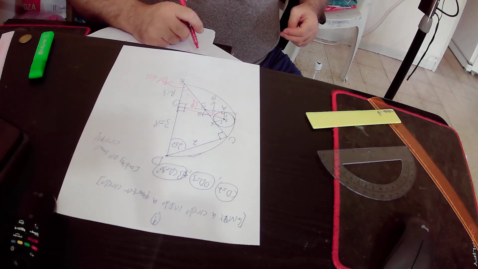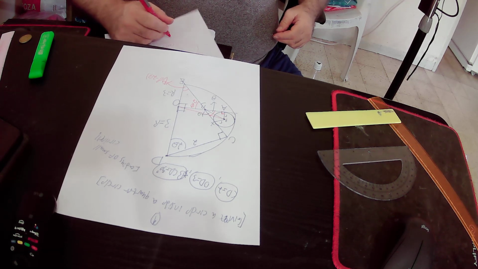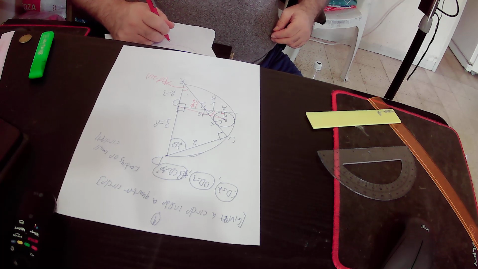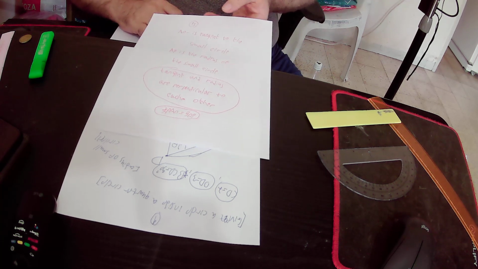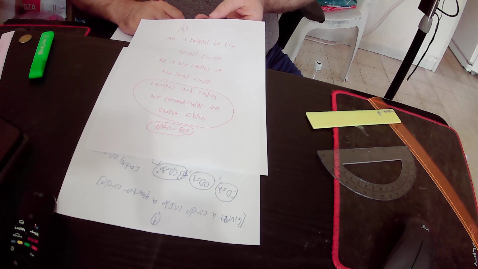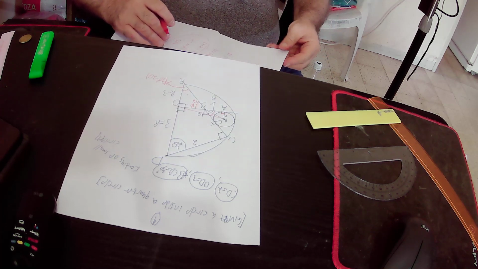Angle PAO, according to the rule that is stated, equals 90 degrees. Therefore, triangle APO is a right triangle.